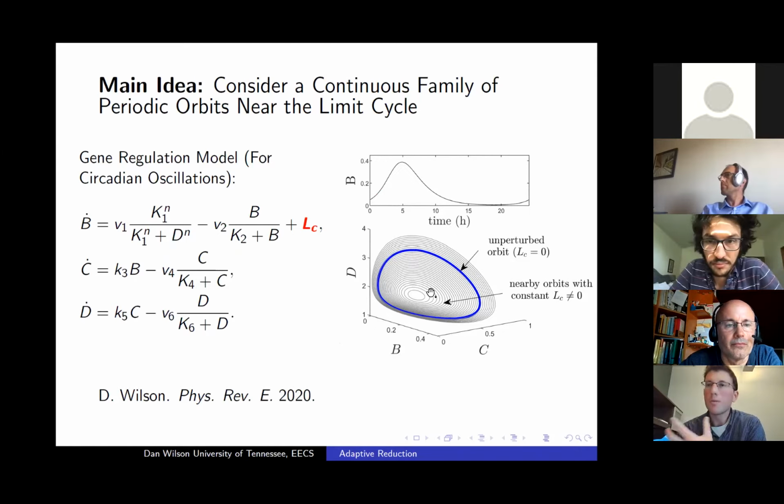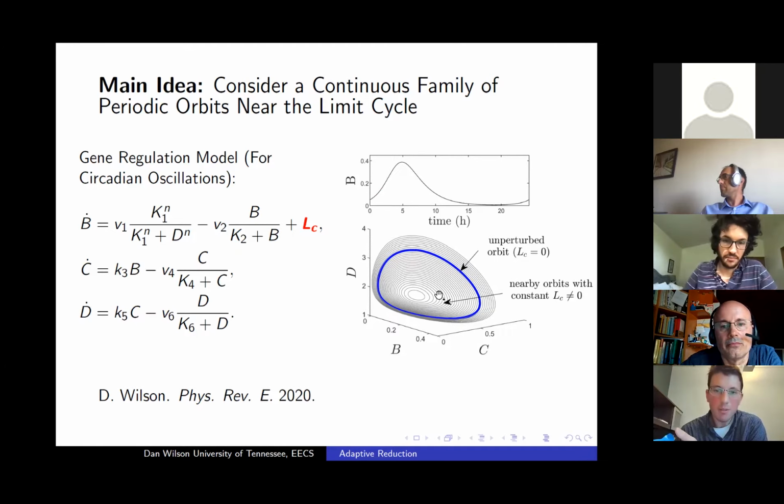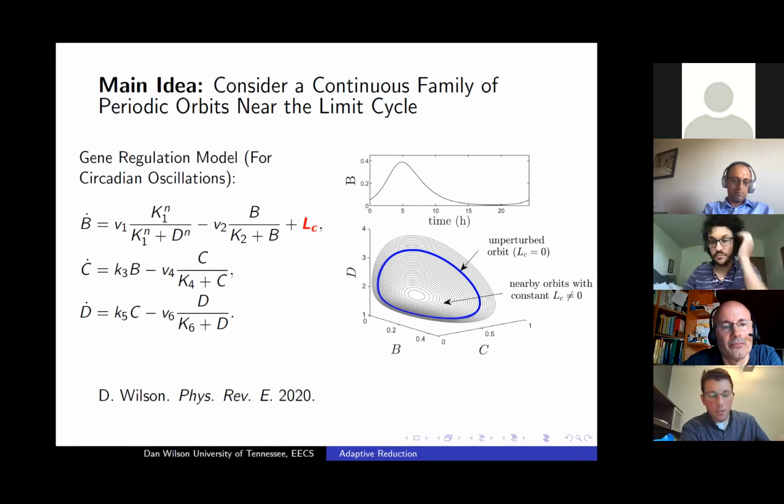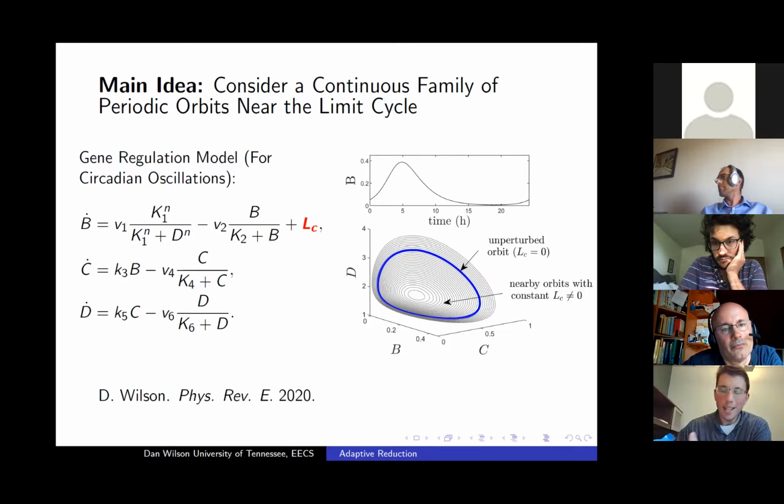So if you can represent your system in terms of the dynamics around this orbit, and lump everything else and call that a perturbation, then you can get a good reduction that's close to your nominal orbit, so that you're not too far away from the nominal one that you're thinking about. So it allows you, in an intelligent way, to update your effective limit cycle so that you stay, hopefully, close to at least one of these orbits here.